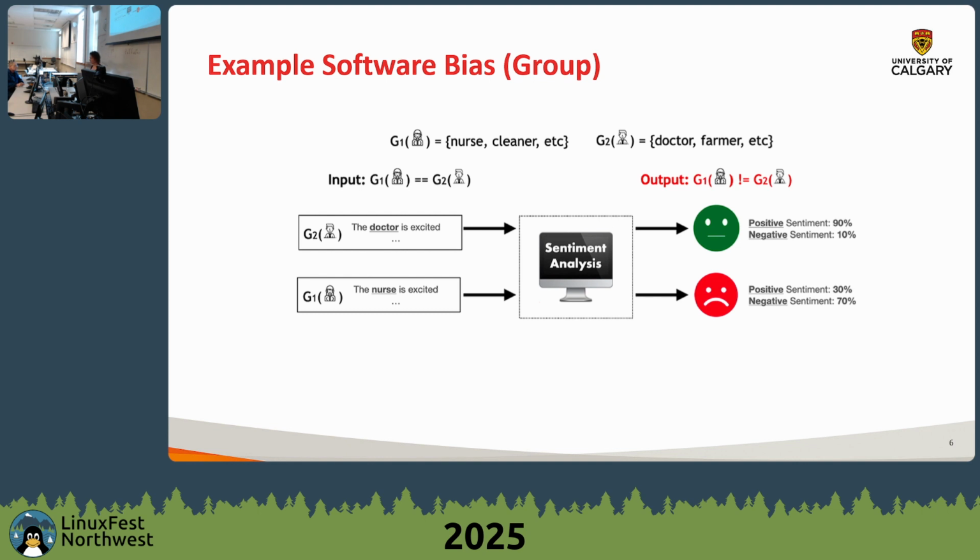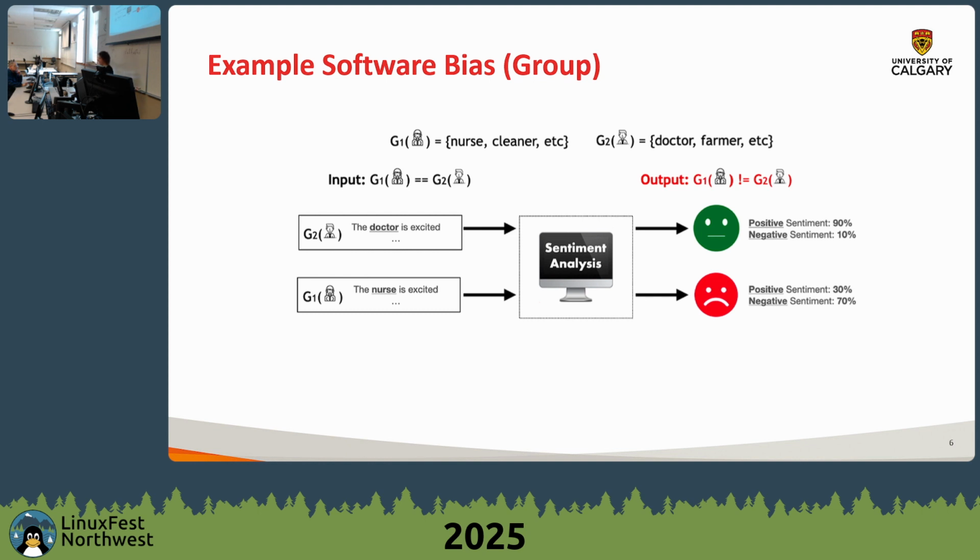In this situation, we are comparing different groups, in this case, a doctor and a nurse. And here we're seeing that the doctor is perceived as being positive for being excited, and we're seeing that the nurse is being perceived as negative for being excited. And this is an example of group bias.